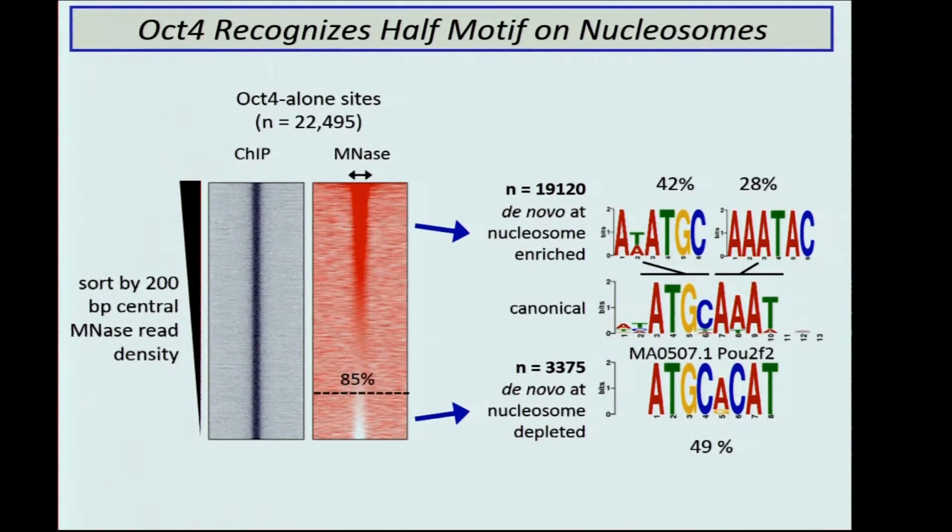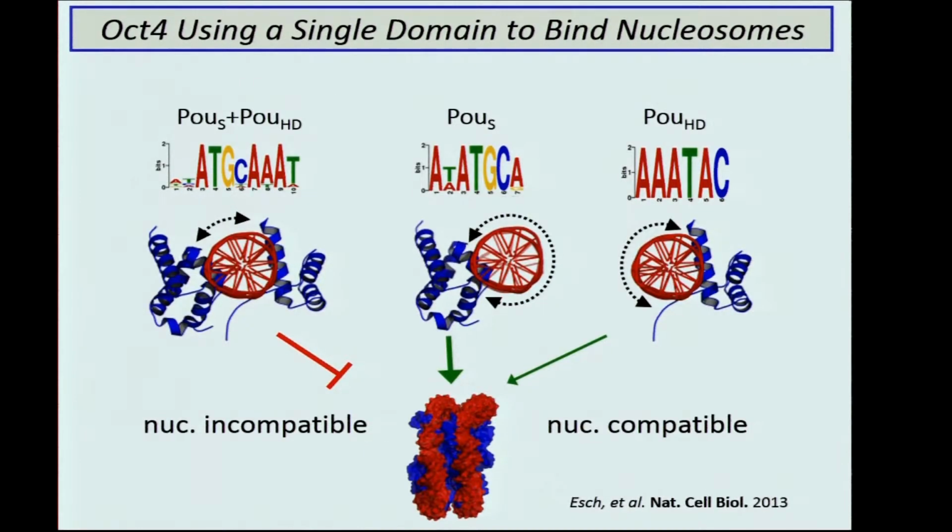So in order to interpret this data, we looked at the crystal structure of the OCT4 DNA binding domain. OCT4 has a bipartite DNA binding domain, a POU-specific domain and a POU homeodomain, which is similar to the Nanog homeodomain that Ian was talking about.